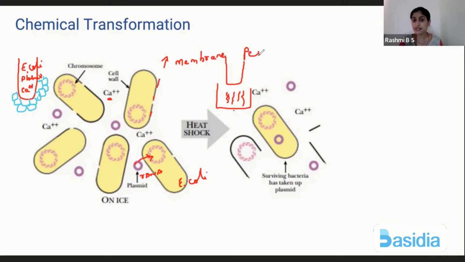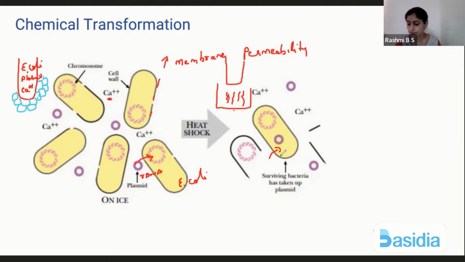As the membrane permeability increases along with the calcium, your plasmids or the rDNA will be taken up by the bacteria. So this is how, using chemicals like calcium, we make the bacterial cell more competent to take up the foreign DNA. I hope this is clear for you.